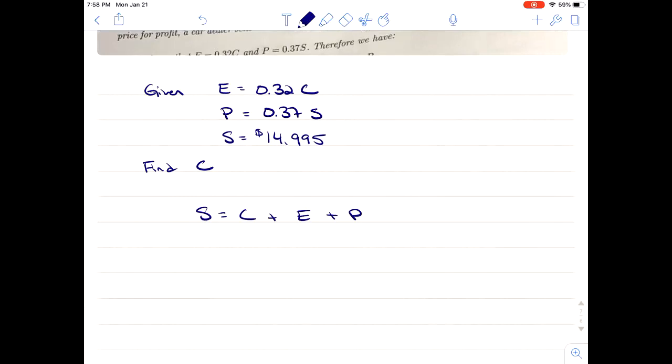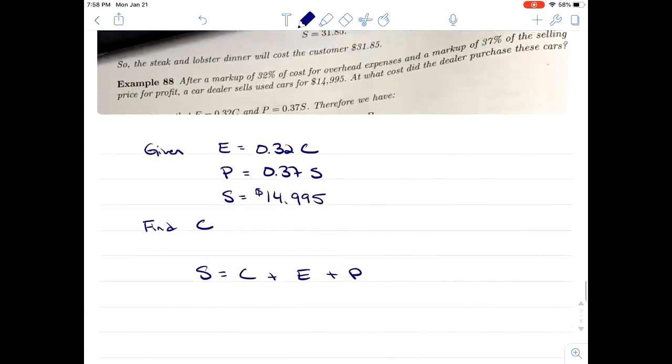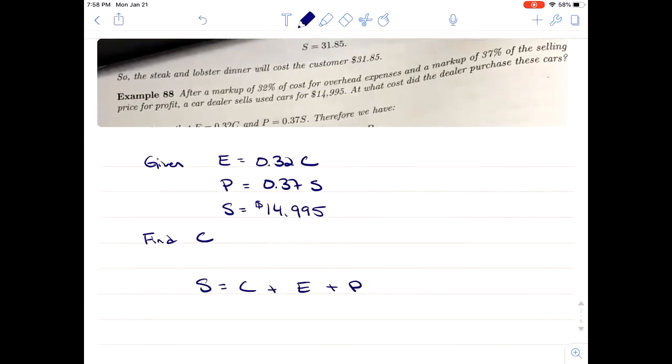And then we can plug in things that we know. One thing I'm going to look at is that because I've got S here, even though I know S is 14,995, I'm just going to write S as S for now, because I know eventually I'll want to collect it with this S. It just makes it easier.